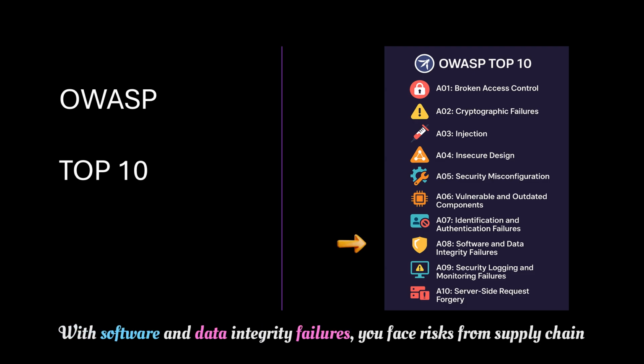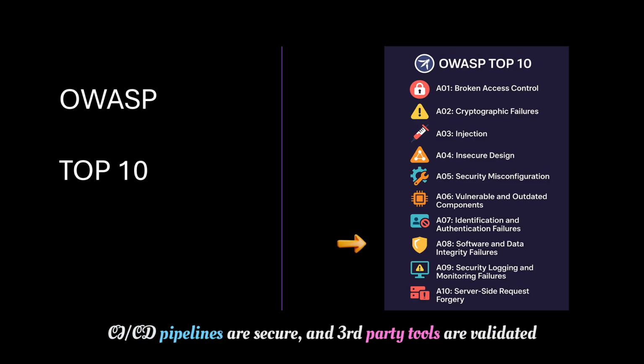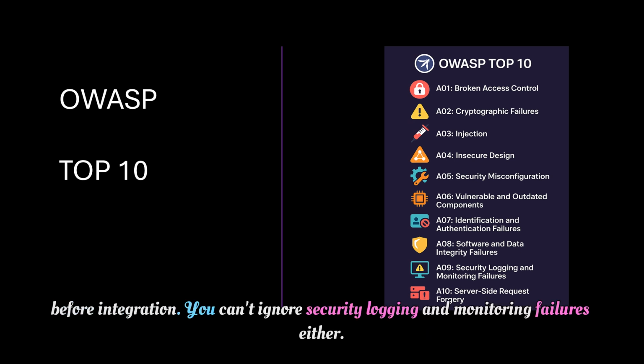With software and data integrity failures, you face risks from supply chain attacks and unverified components. Here, your responsibility is to ensure all code is signed, CI/CD pipelines are secure, and third-party tools are validated before integration.